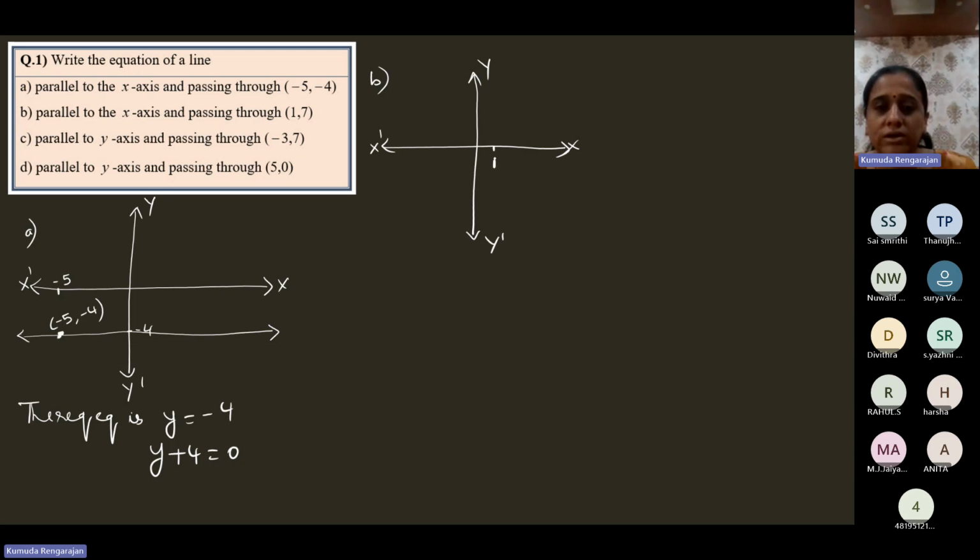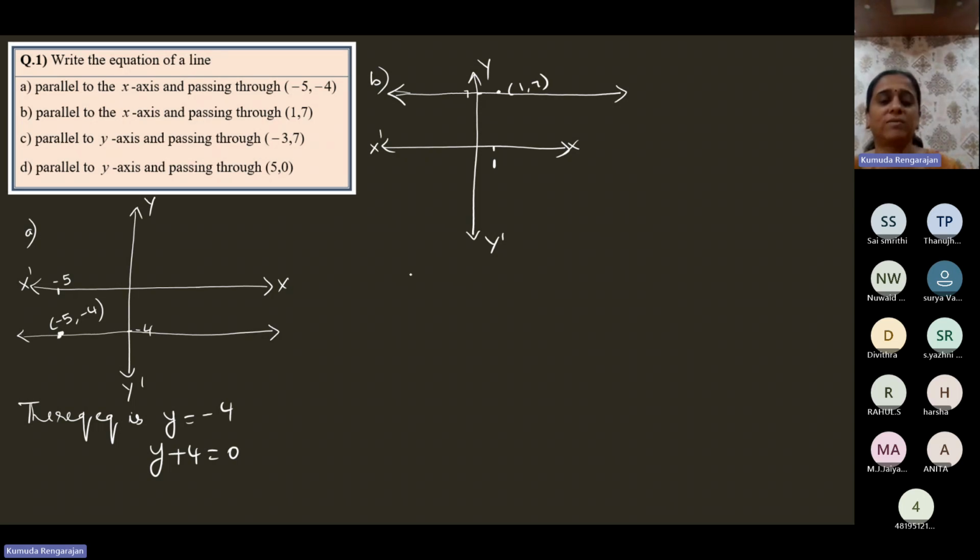So this is 1 comma 7. The line passes through 1, 7, and it's parallel to the x-axis. So it's like this.